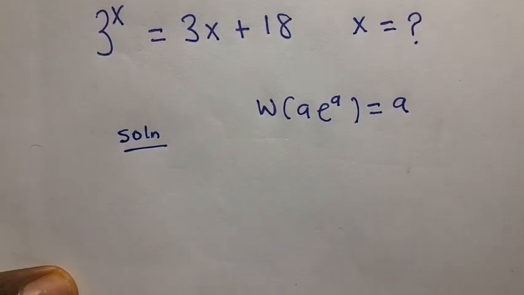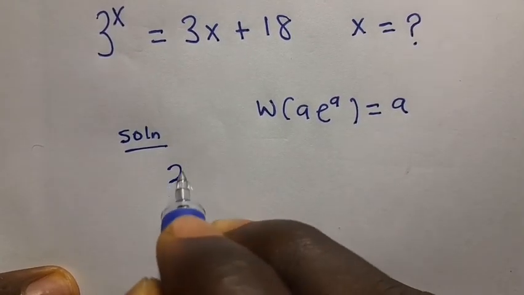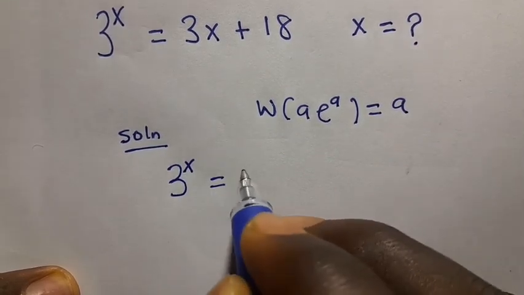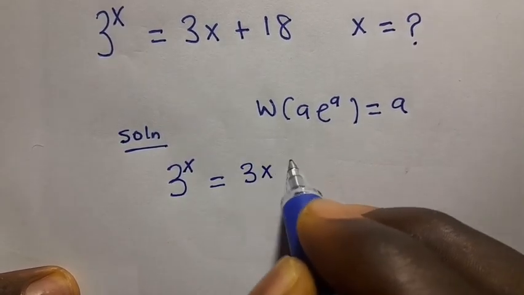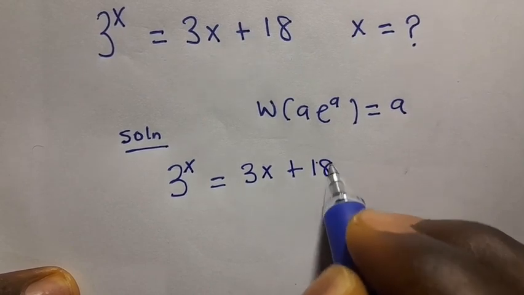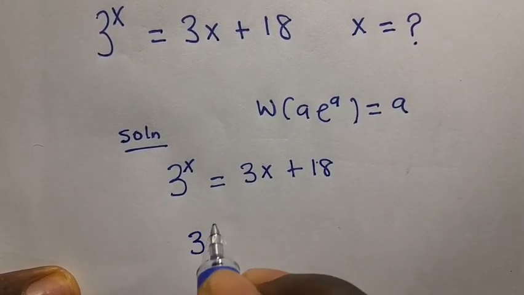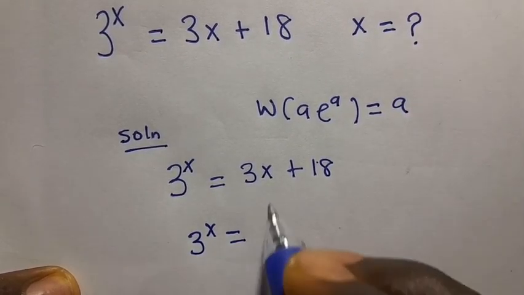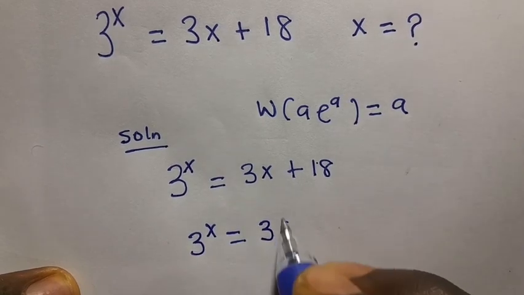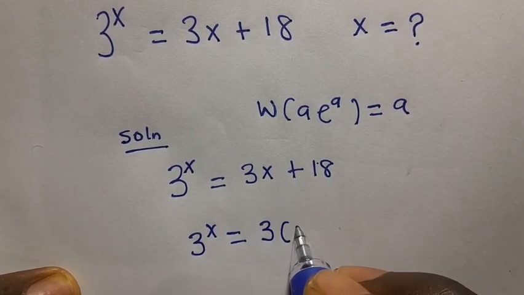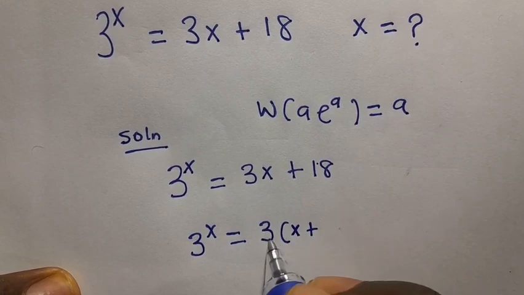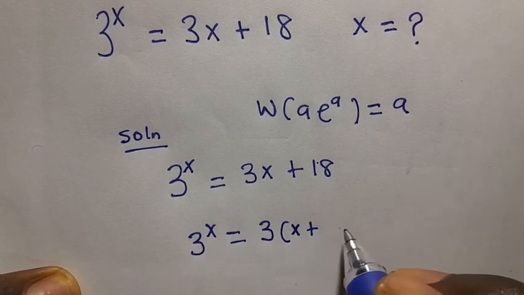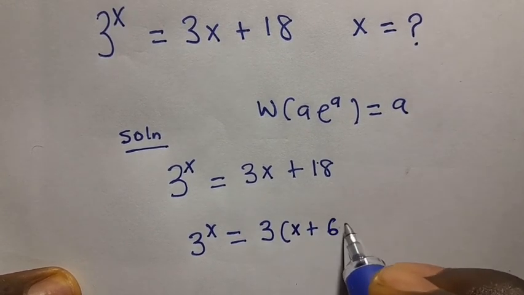So now from here, we have 3 raised to power x equals 3x plus 18, and 3 raised to power x will be equals 3 into bracket of x plus 18 divided by 3, we have it to be x plus 6.